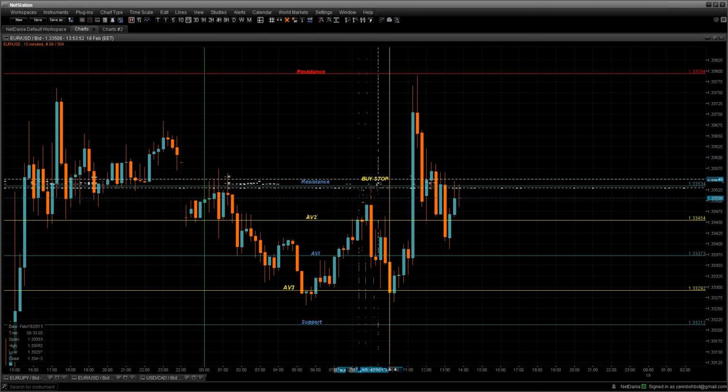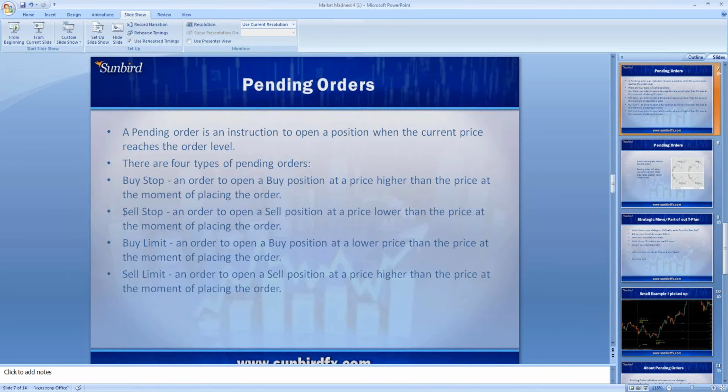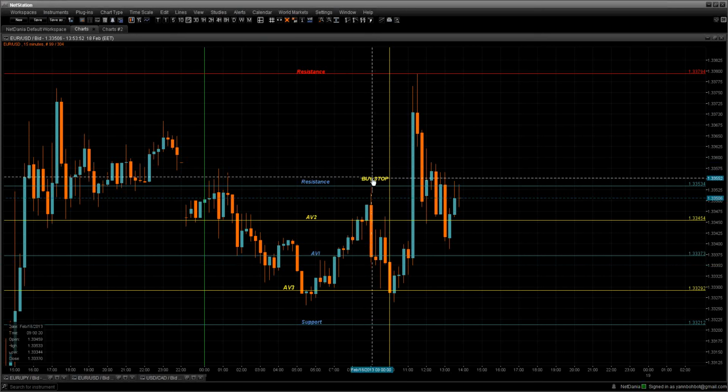Okay? Now, sell stop, let's review again, is an order to sell a position at a price lower than the price at the moment of placing the order. Okay? Sell stop, let's put another annotation here.